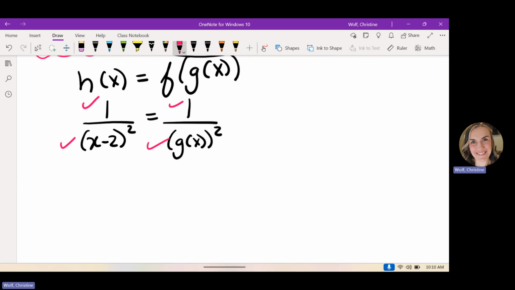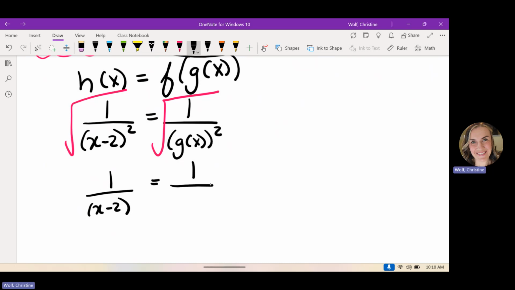One's a perfect square, and because of these, those are also perfect squares, right? If everything is a perfect square, I can take the square root of both sides and it won't get messy. It'll work out nicely. So I would still have 1, but now it would just be over x minus 2. I've square rooted each thing. 1 over g of x. I've essentially just gotten rid of my 2's, right?